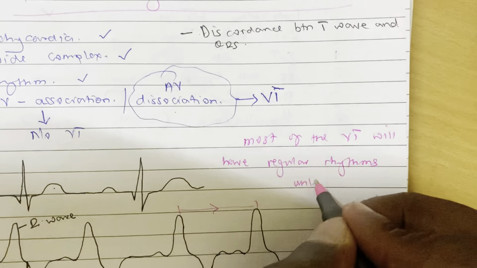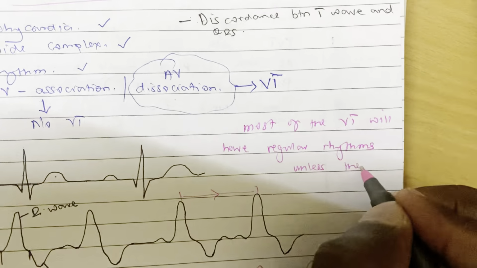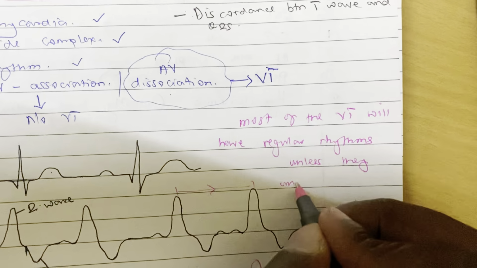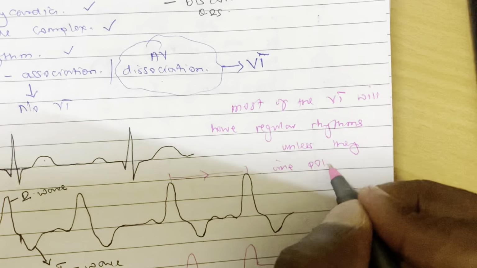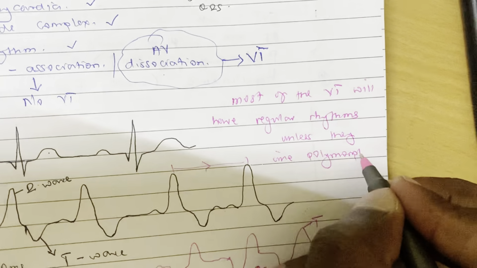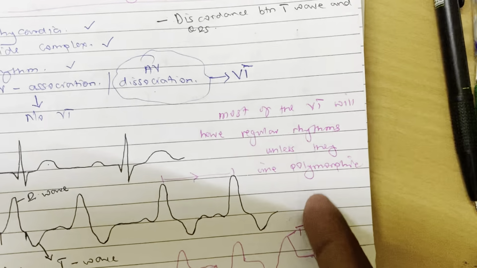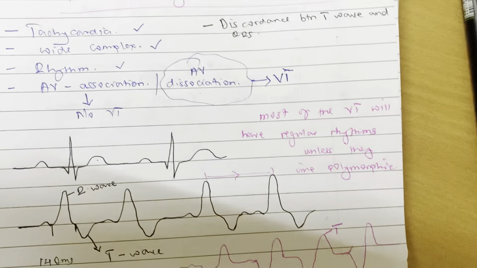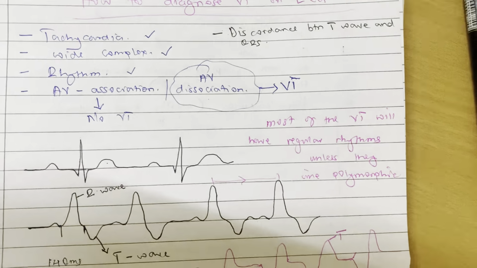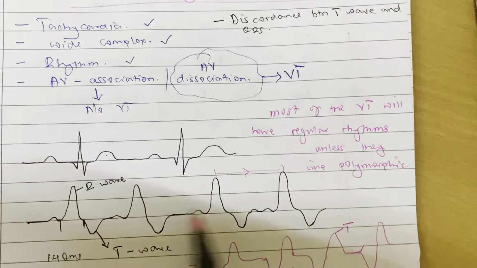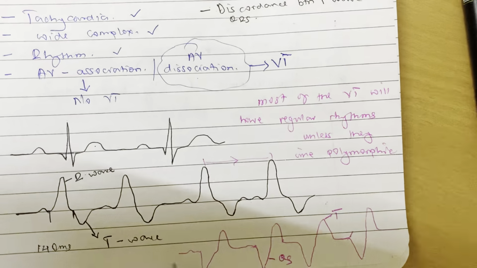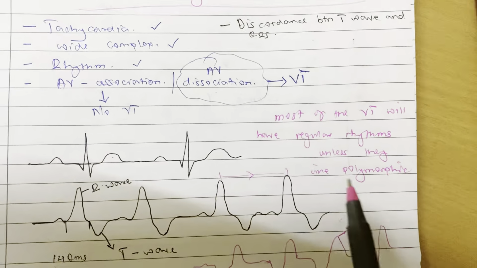Unless they are polymorphic. We shall see what is polymorphic. Like VF. VF is a polymorphic VT. So it will have an irregular rhythm. So irregular rhythm is also a feature of a VT.